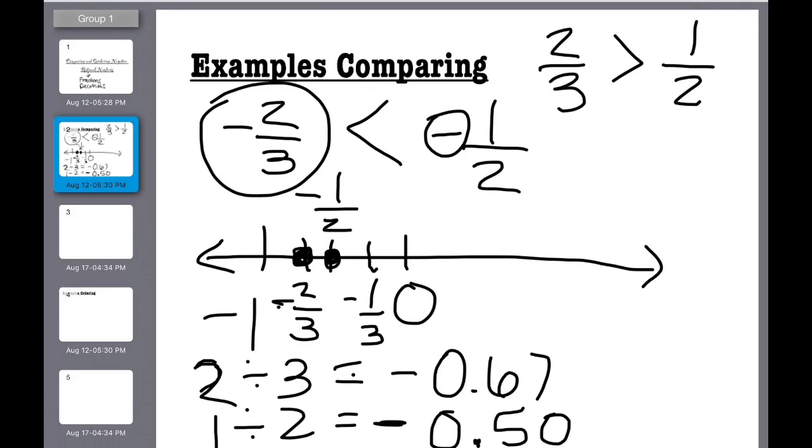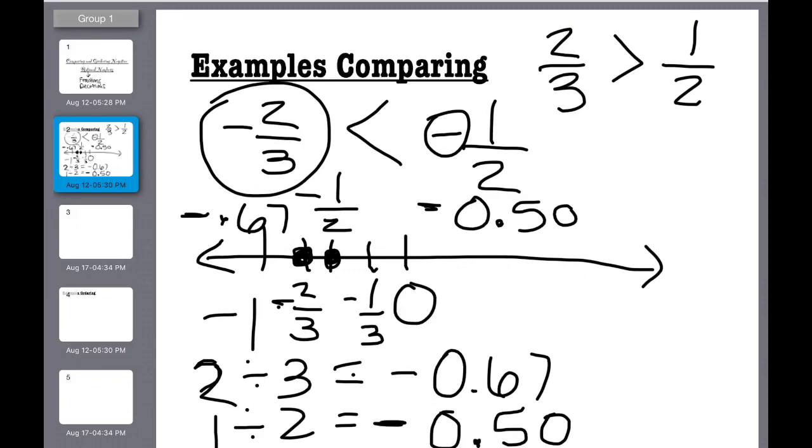So this fraction is equivalent to negative 50, and this fraction is equivalent to negative 67. So you could use the number line to compare these fractions, or you can change these fractions to decimals and compare the decimals. But what is most important to remember is this.